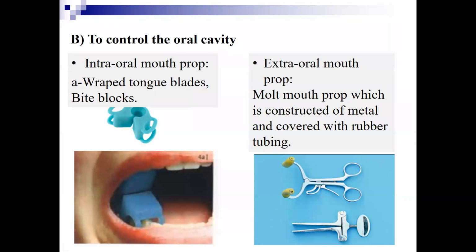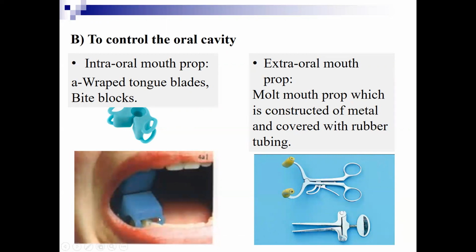To control the oral cavity, an intraoral mouth prop and an extraoral mouth prop can be used. For intraoral controlling, we use wrapped tongue blades or bite blocks.